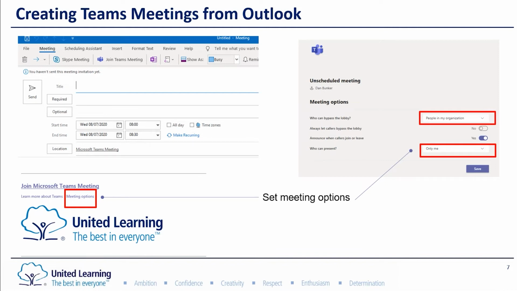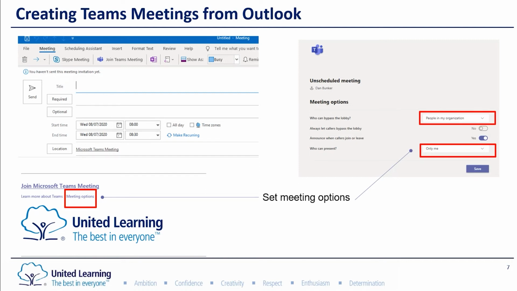And importantly, when we set these meetings, we want to have a look at the meeting options in advance of the meeting starting. So under my meeting options here, I've got a couple of things, and if I click on meeting options, it'll open a web page, and I can see who's going to bypass the lobby. Now, people in my organization, that means people with their own Office 365 accounts, will bypass the lobby.